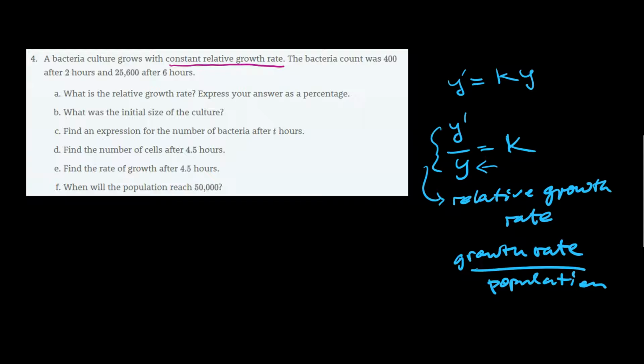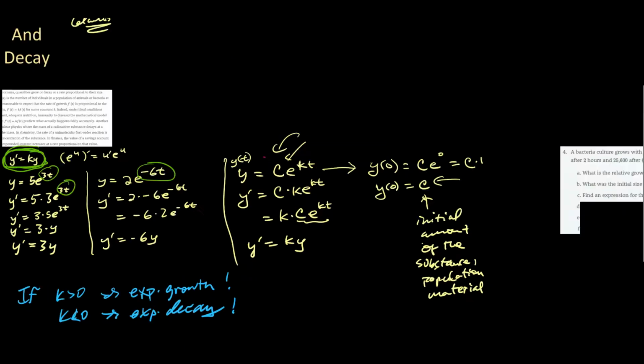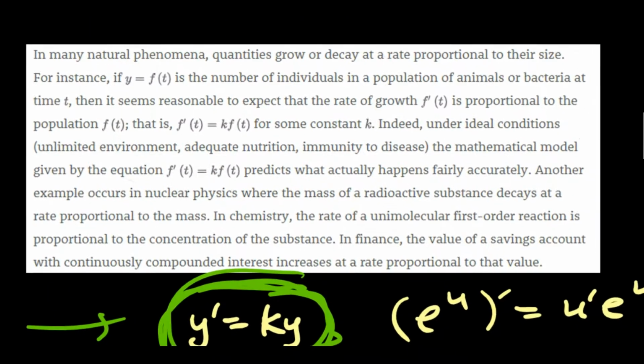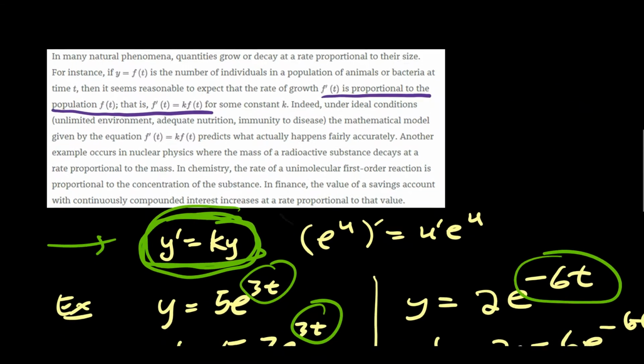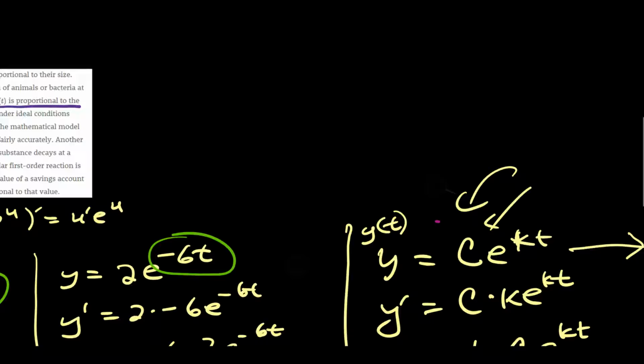And if you notice, that is a constant, because you have y prime over y equals a constant. So another way to say that the derivative is proportional to the population is to say that it has a constant relative growth rate.